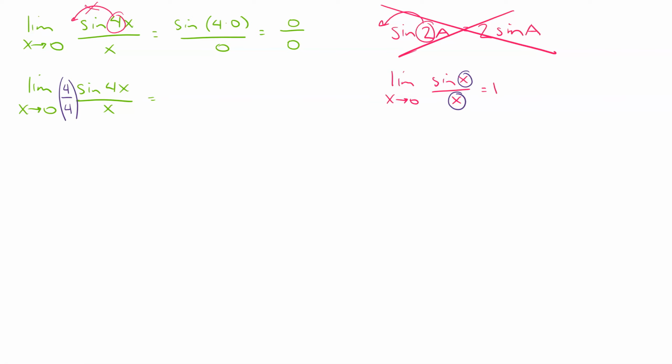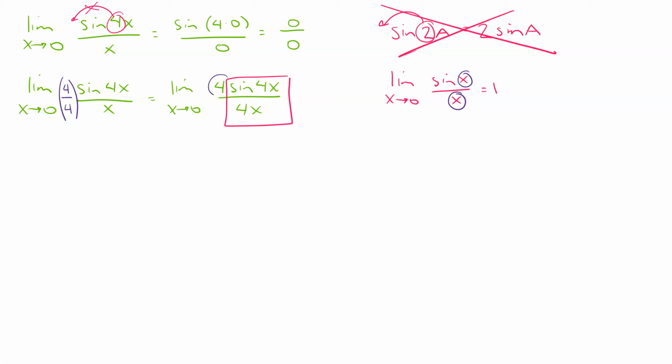4 over 4 is just a fancy version of 1. So multiplying that in, I get the limit as x goes to 0 of 4 sine 4x over 4x. Now my variable terms match exactly, and I can see the limit combo that I'm looking for right there.